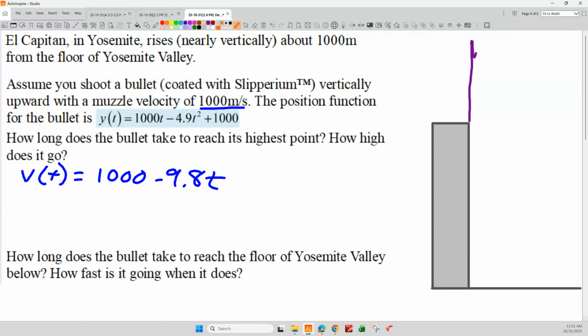When it's 0 is going to be when it hits its highest point. So we could solve that pretty easily. If we set this equal to 0, so what is that? I don't know. Let's just see real quick.